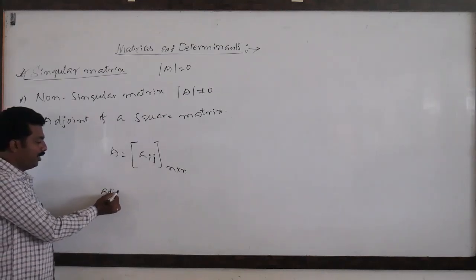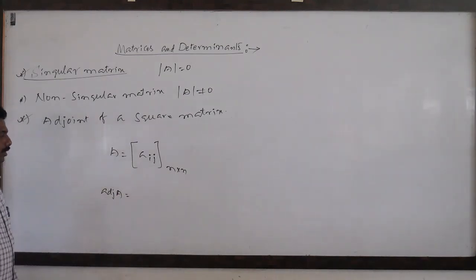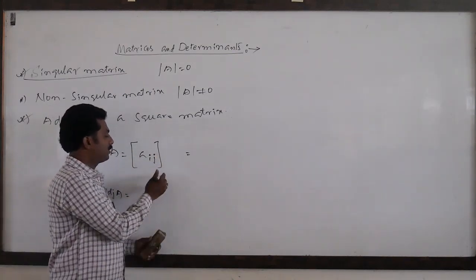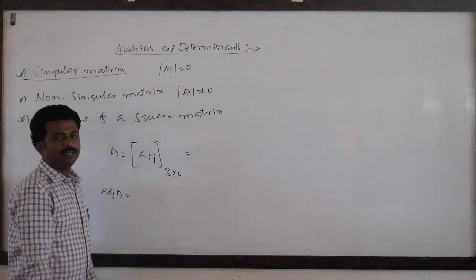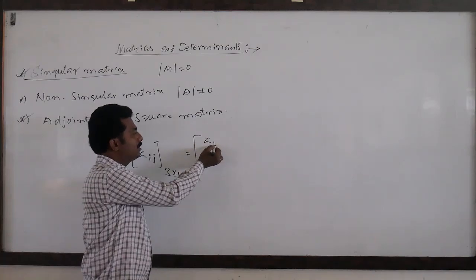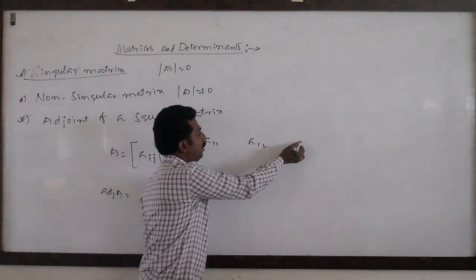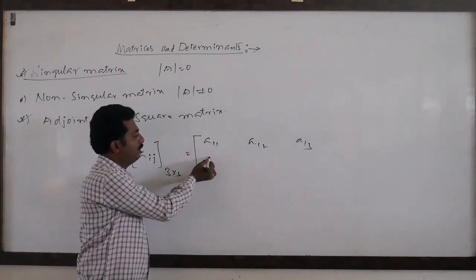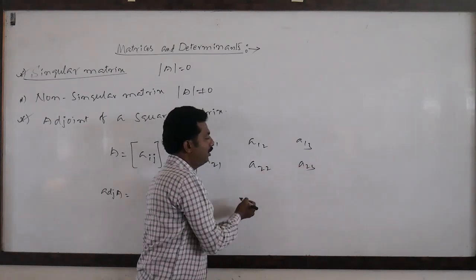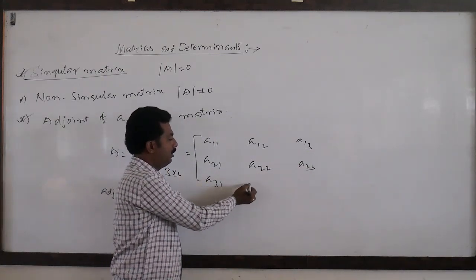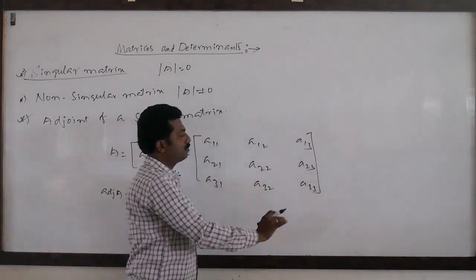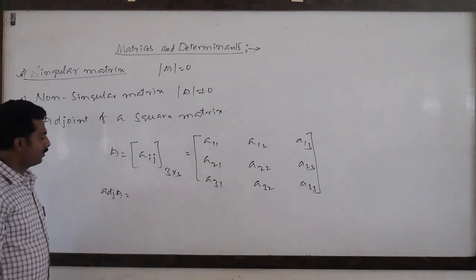It is denoted by adjoint of A. Just taking a 3 by 3 matrix, order 3 by 3, the elements are A11, A12, A13, A21, A22, A23, A31, A32, A33. So this is the given matrix A.